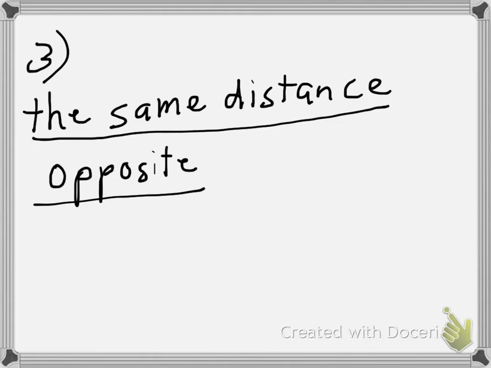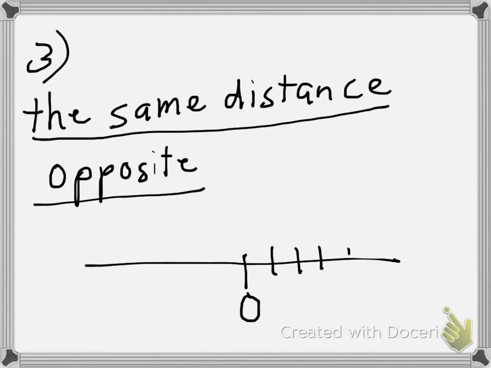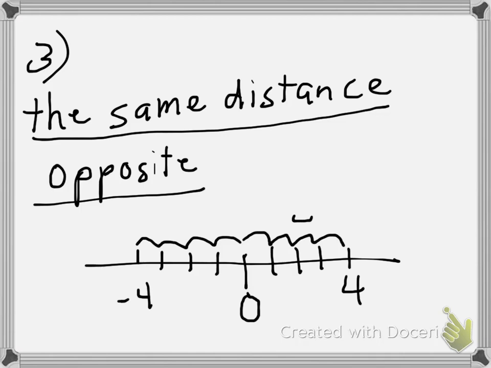So the graphs of two opposite numbers are the same distance from the origin, but on opposite sides of it. So once again, the origin is 0. If you take an example of 4, and the opposite number from 4 is negative 4, they are both 4 places from 0, so they're the same distance, 4 places and 4 places, but they're in opposite directions.